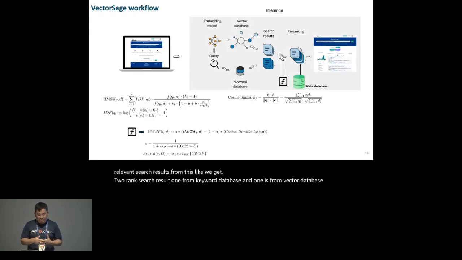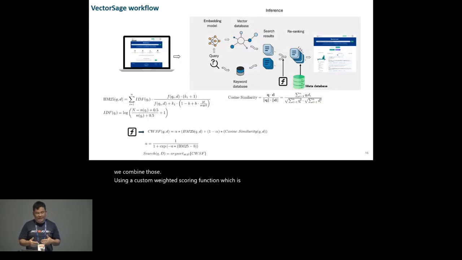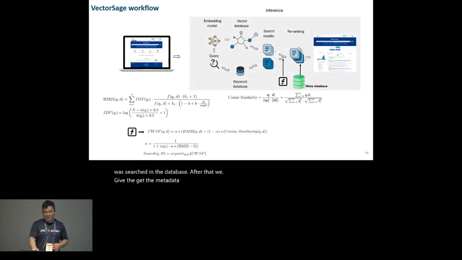We then combine those using a custom weighted scoring function, which is a sigmoidal function, and we dynamically give more weight to the article which has a higher keyword or higher semantic value when it was searched in the database. After that, we get the metadata information and show the result in the UI as a list of all the articles.